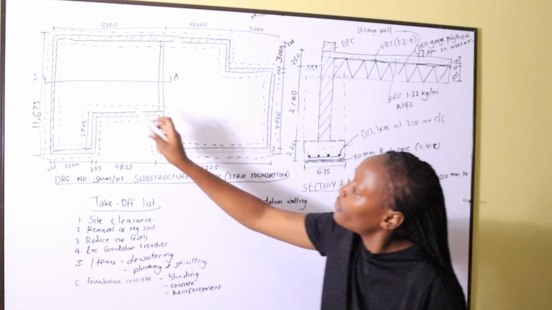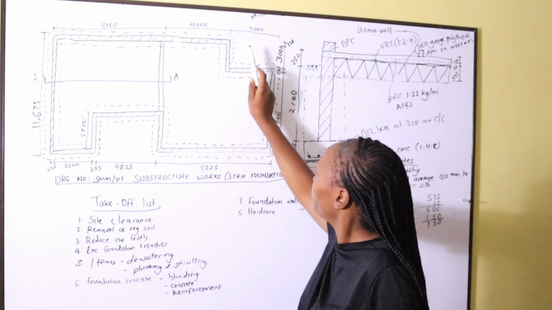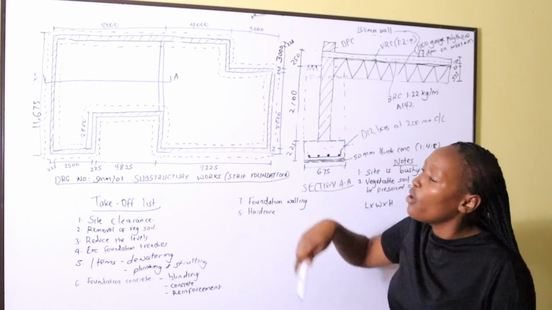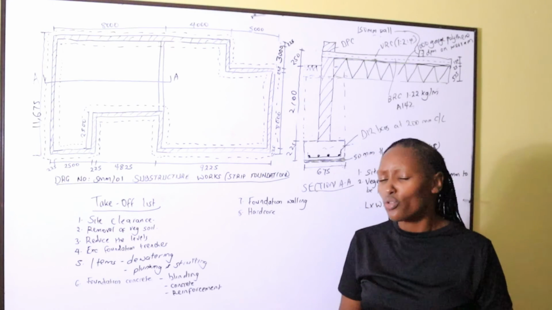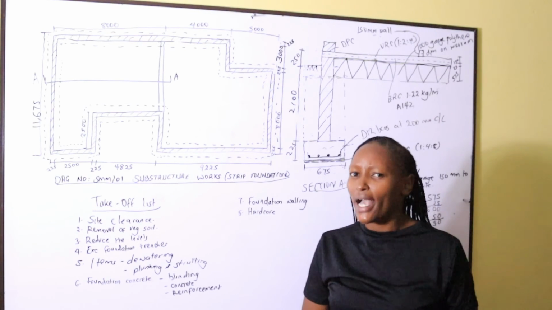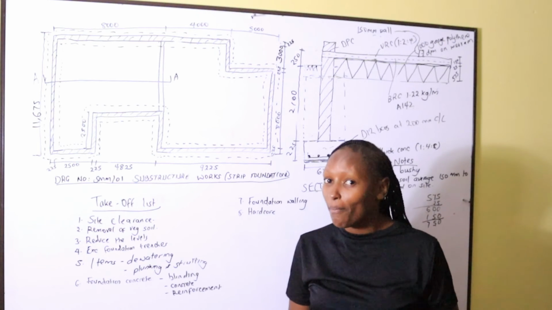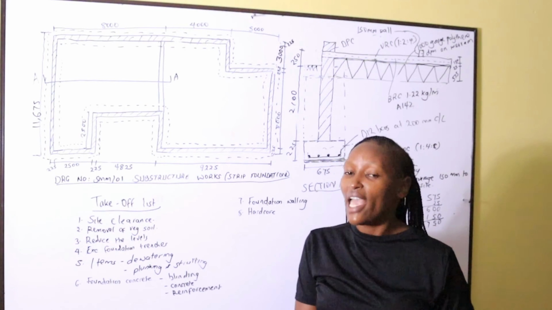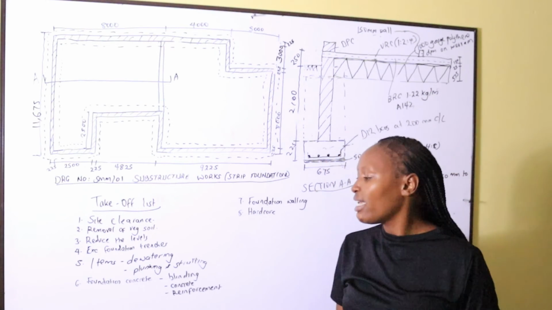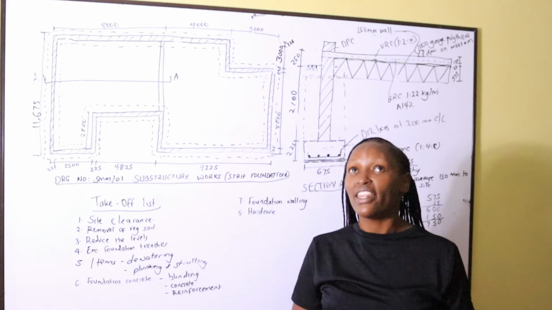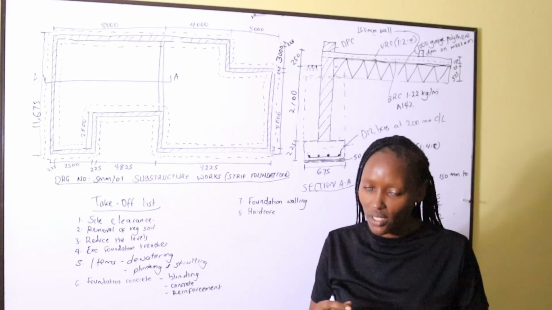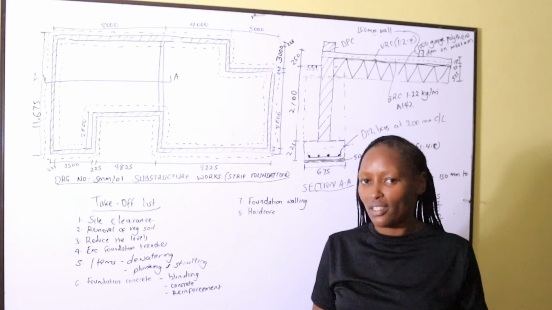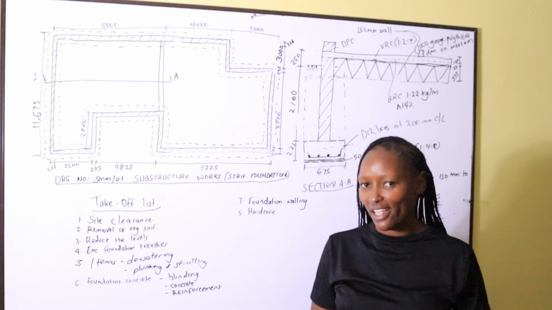We have to deduct the walls, because the hardcore is laid inside the walls. The key to note is that hardcore, and maram blinding too, is usually measured inside the walls, using the internal dimensions. It's laid inside the walls, I repeat.